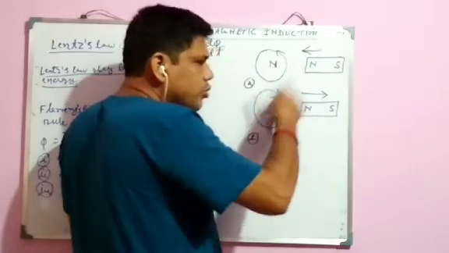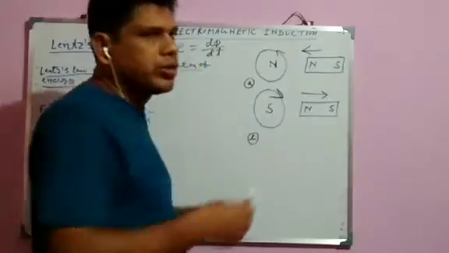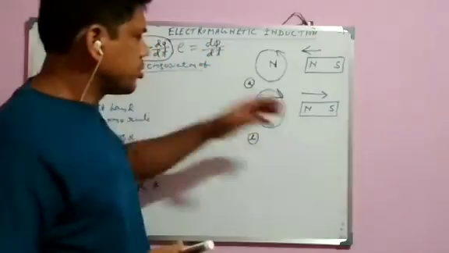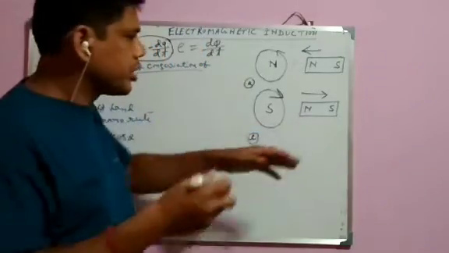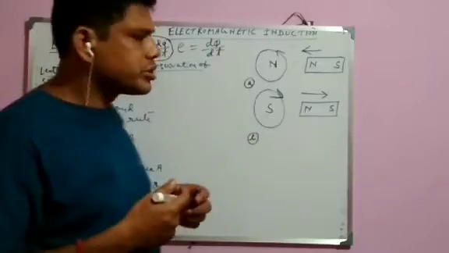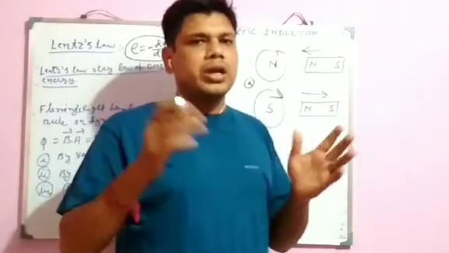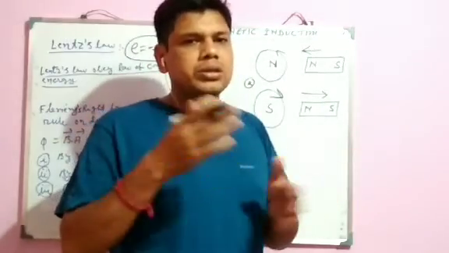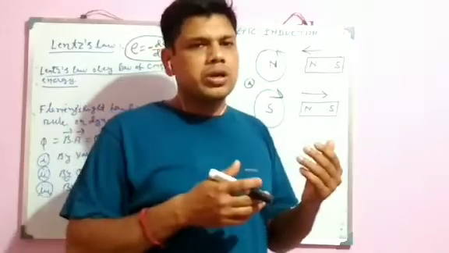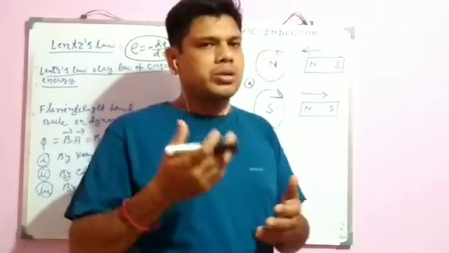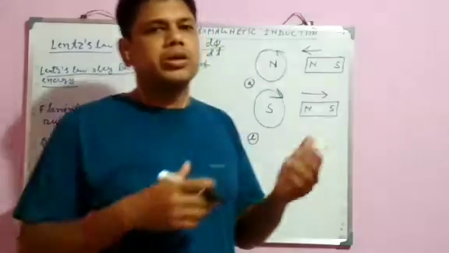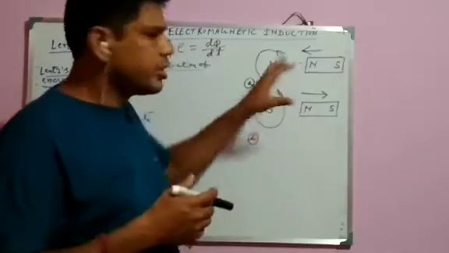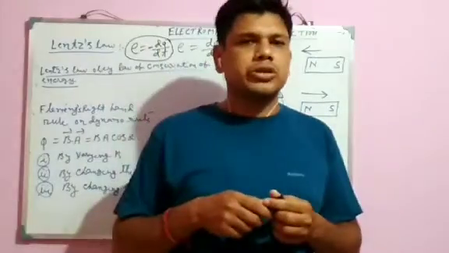This work done is converted into electrical energy here also in figure B. So here mechanical work done is converted to electrical energy. It means energy is neither created nor destroyed, but mechanical energy is converted to electrical energy. So Lenz's law does not violate the law of conservation of energy.